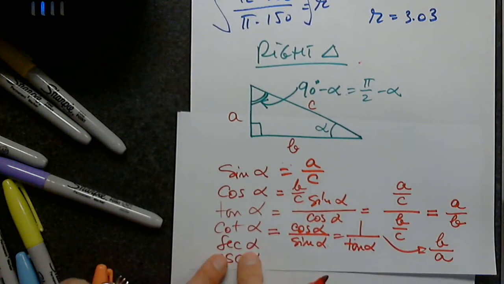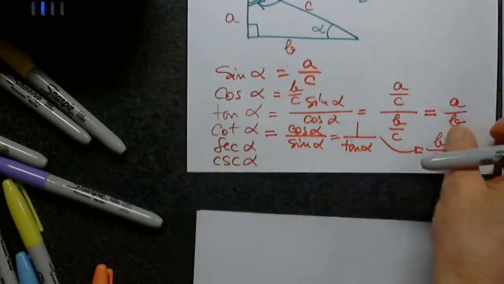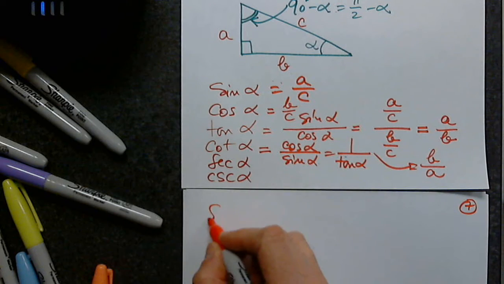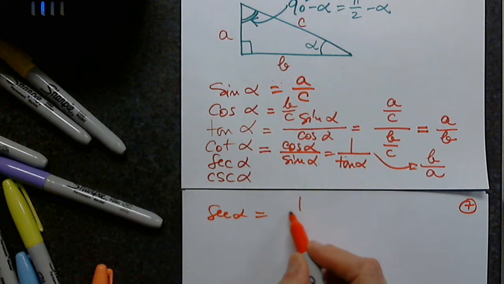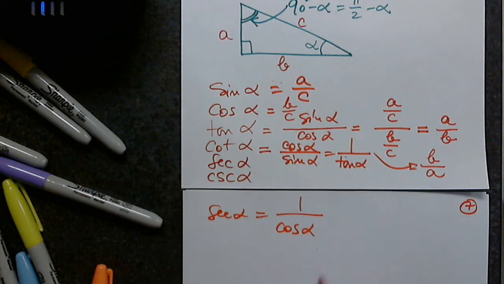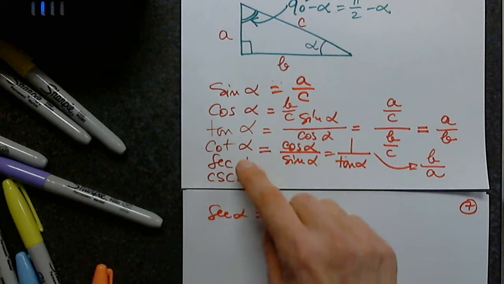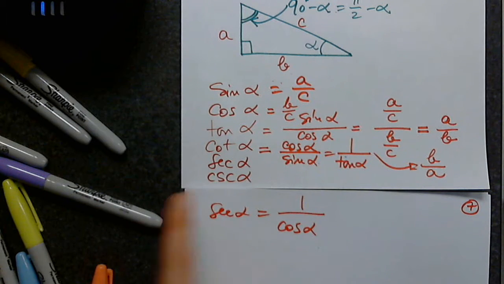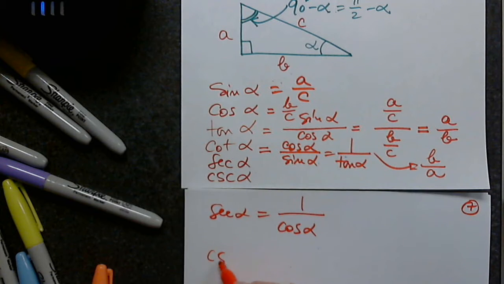Okay. Secant. I ran out of room, of course. I always do. Secant alpha is 1 over cosine. So how do I remember this? If the function of these last two starts with s, it's 1 over c. Now if it starts with a c, then it will be 1 over sine.